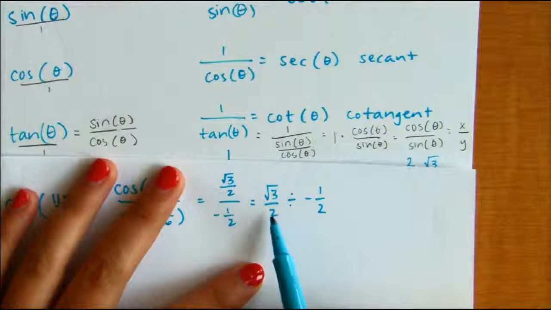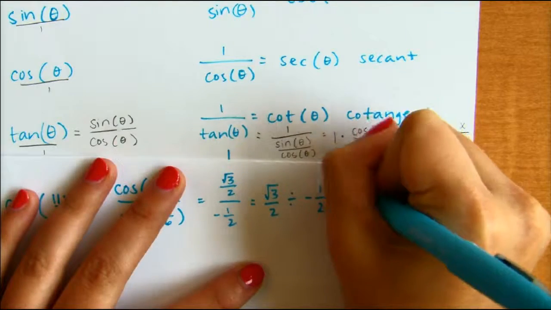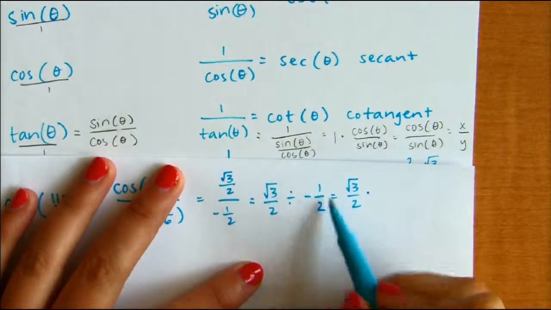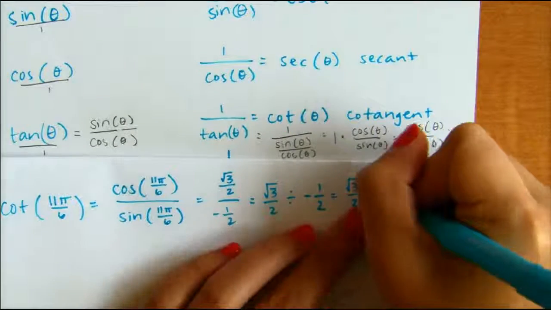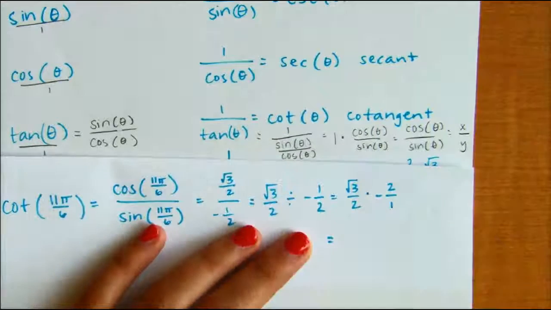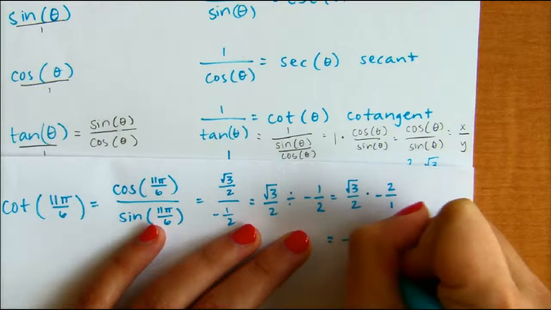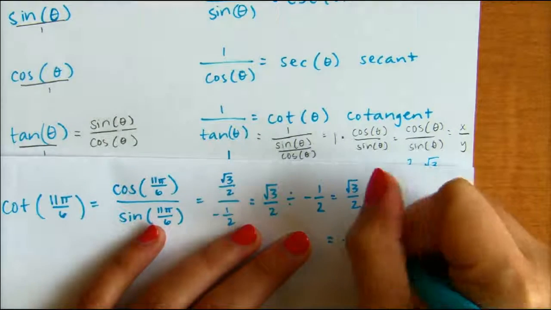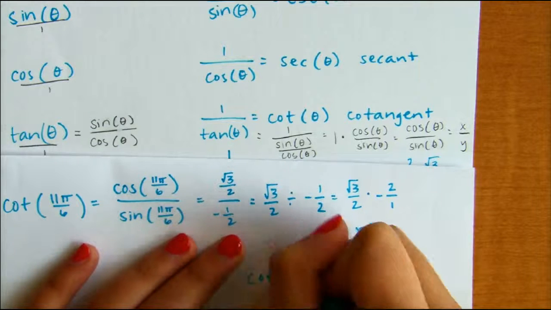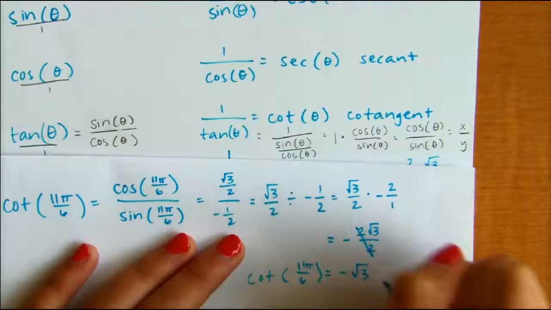If I now do my keep, change, flip, I'm going to keep root 3 over 2, change division to multiplication, and flip my second fraction, so I've got a negative 2 over 1. When I multiply straight across, I'll get a negative 2 root 3 over 2. The 2's cancel out, so cotangent of 11 pi over 6 is a negative root 3.